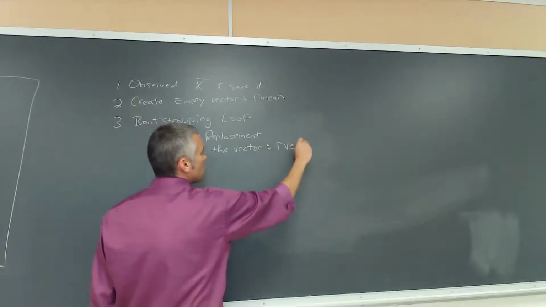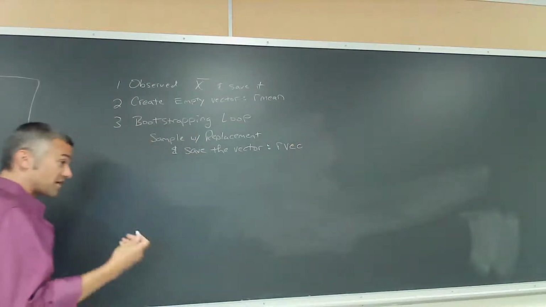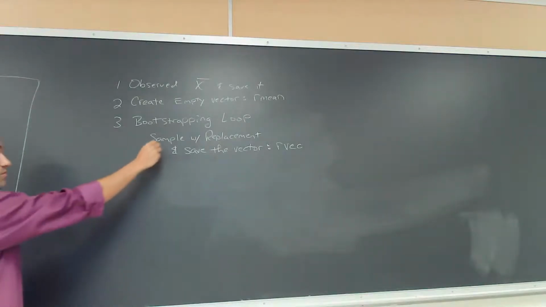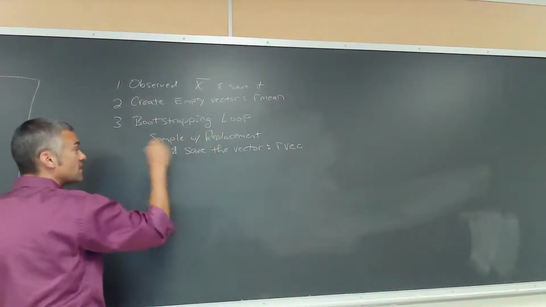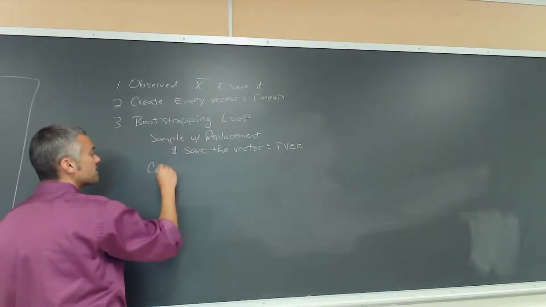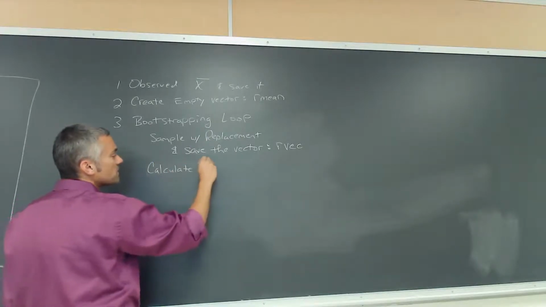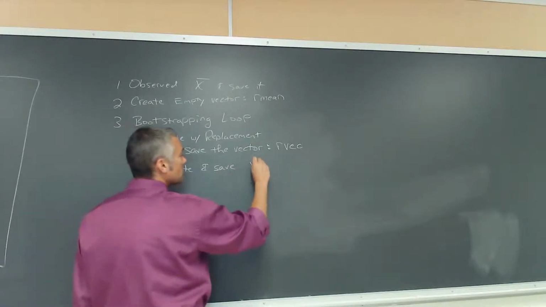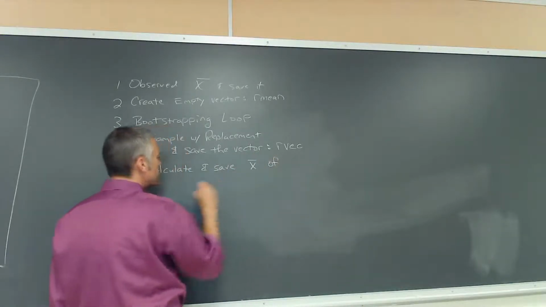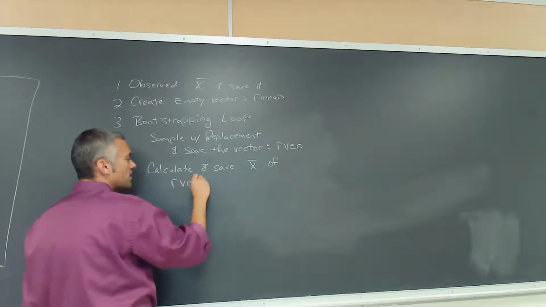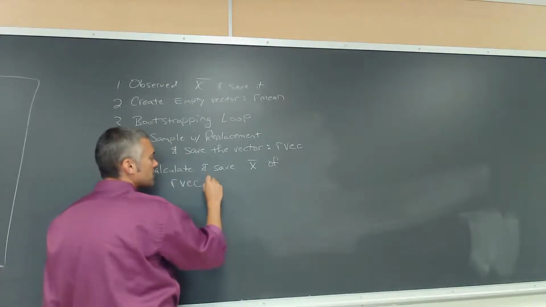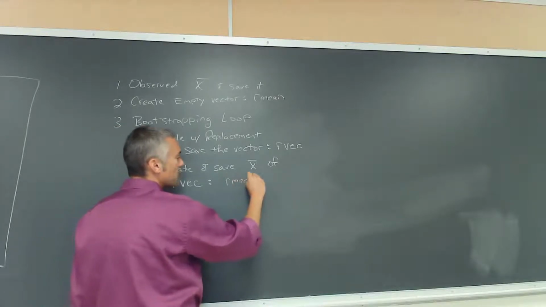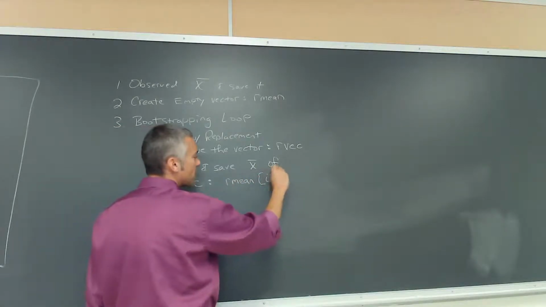In this case, I will call it rvec. So rvec. That's our sample with replacement. This is our bootstrapping. Then we're going to calculate and save x bar of rvec, and we're going to save this as r mean. We're going to use the bracket, and we're going to use i.